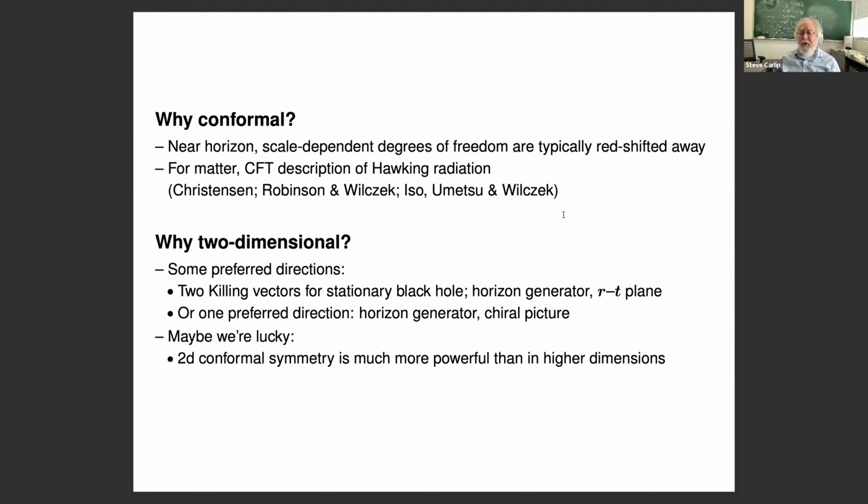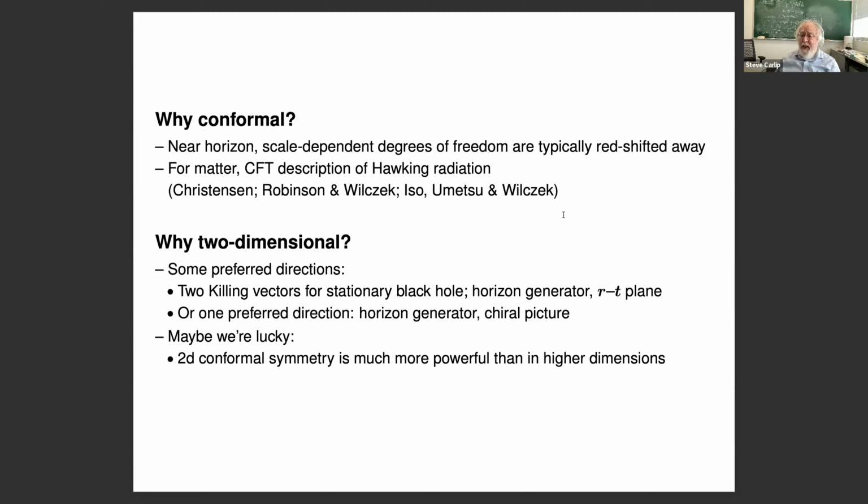Those are what were used to form this Kerr/CFT correspondence. But that's a little bit of a special case still, because in higher dimensions, there are more than 2 Killing vectors for a stationary black hole.